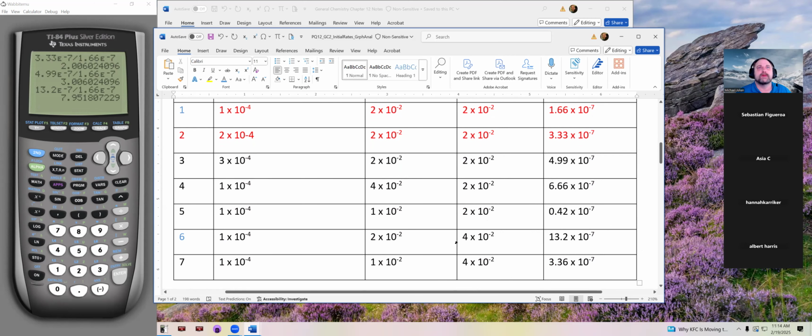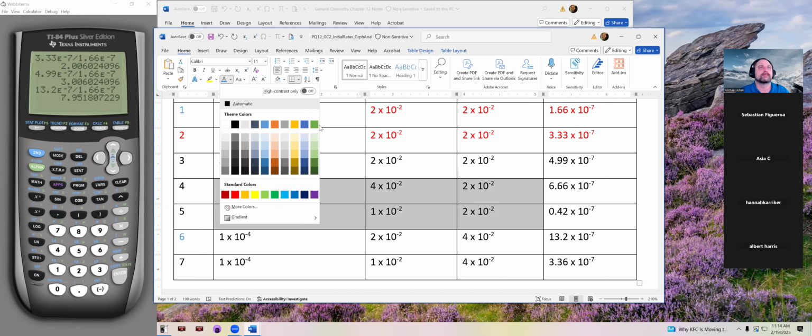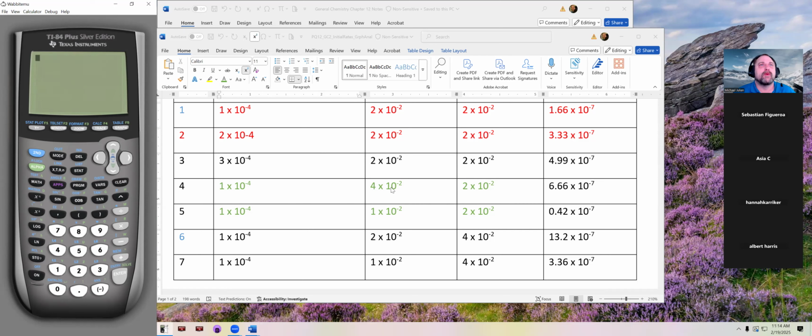So I'm looking for a place where this column changed, but nothing else changed. I could do 4 and 5. So let's make those stand out a little bit. I don't know if the green stands up. There we go. This doesn't change, this doesn't change, but this changed. So I'm going to do the change from reaction 5 to reaction 4. In other words, I'm going to put the 4 on the top.